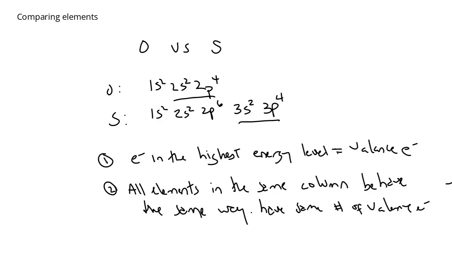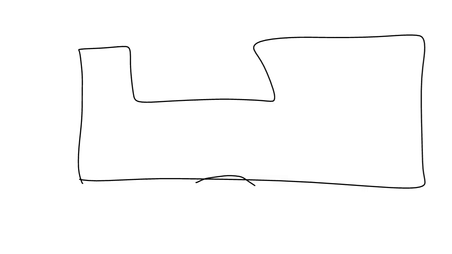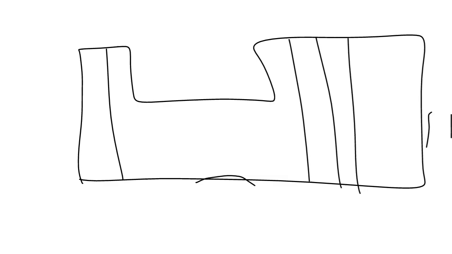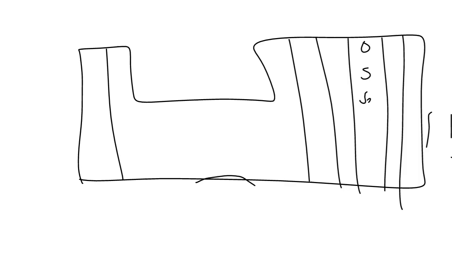But us chemists, we like simplifying things. So let's say this is my periodic table. So that's oxygen, that's sulfur, that's selenium.